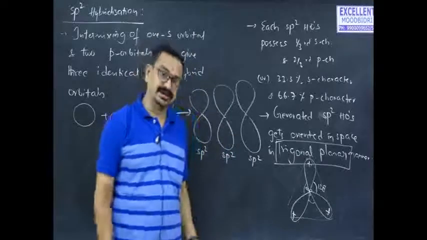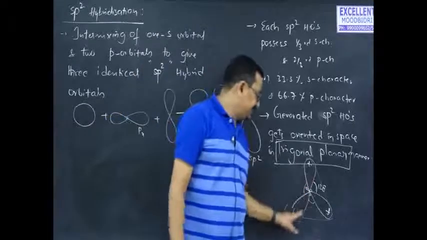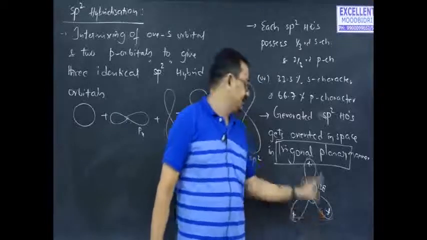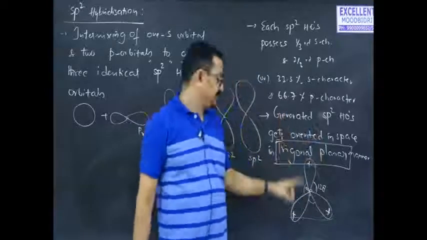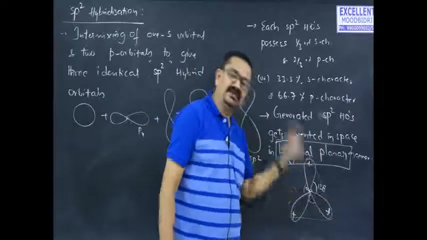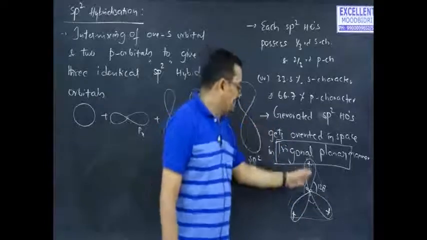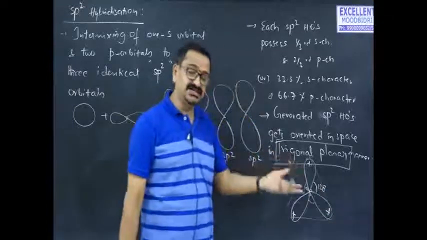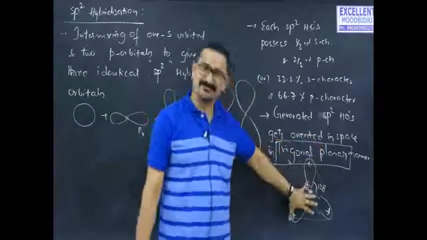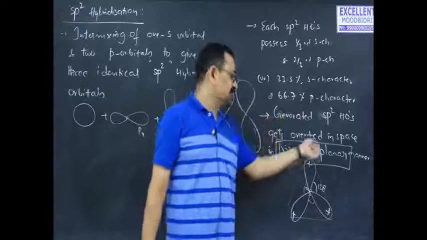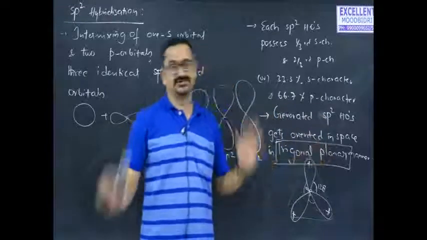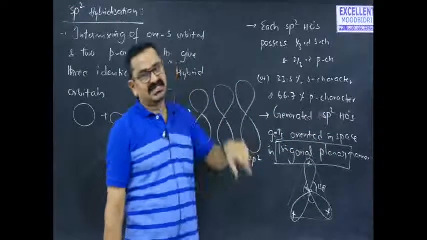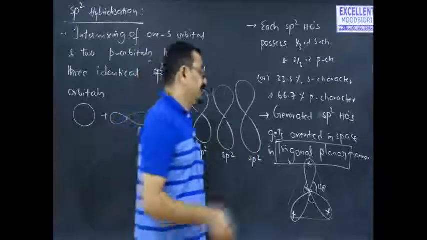I am repeating, these three sp2 hybrid orbitals are orienting in trigonal planar geometry, and such a structure is called a trigonal planar structure. Geometry and structure are the same.